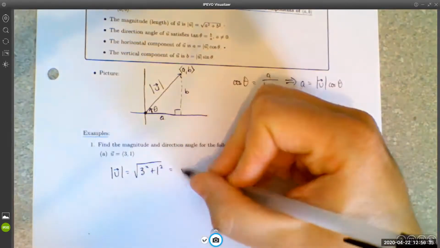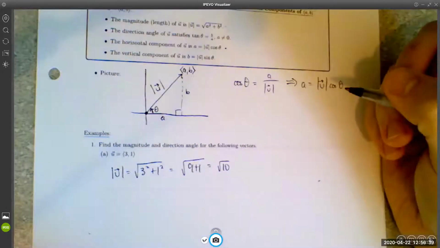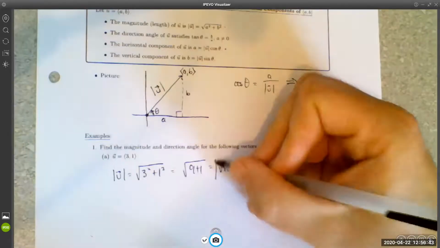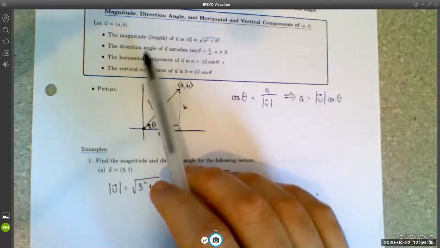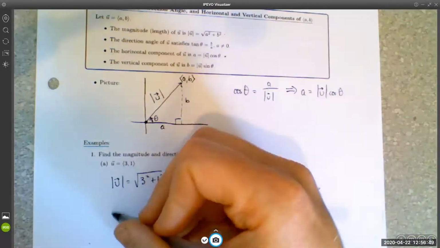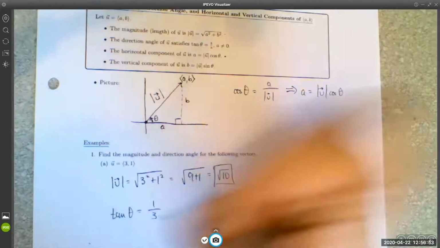So that's the square root of 9 plus 1, which is root 10. Okay, so there's the magnitude. The direction angle, it says, satisfies tangent theta equals b over a. So we could say tangent theta equals 1/3.